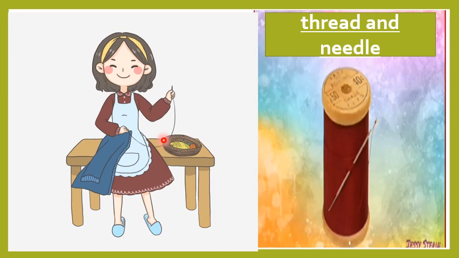Can she stitch a button without a thread? Answer is no. Your mother will need both needle and thread to stitch a button. So, needle and thread is also a word pair. Let's see the next one.